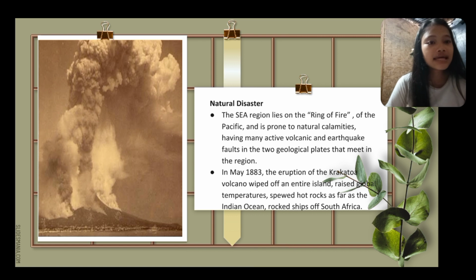In May 1883, the eruption of the Krakatoa volcano wiped out an entire island, raised temperatures, and spewed hot rocks as far as the Indian Ocean rock ships of South Africa.